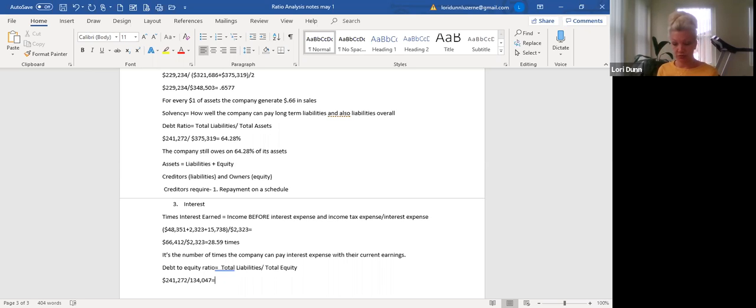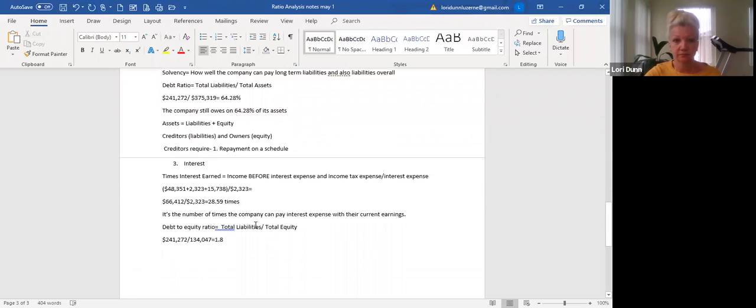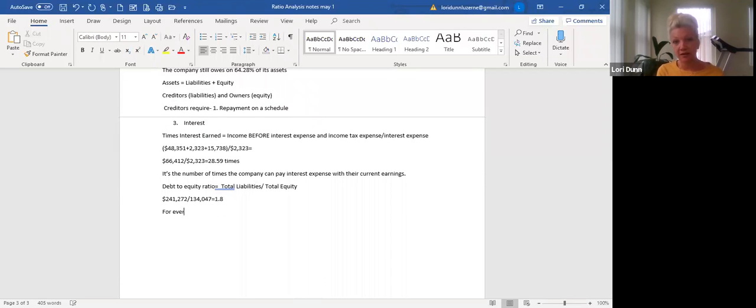241,272 divided by 134,047, and we get 1.8. That's showing us that for every $1 in equity, there is $1.80 in liabilities.